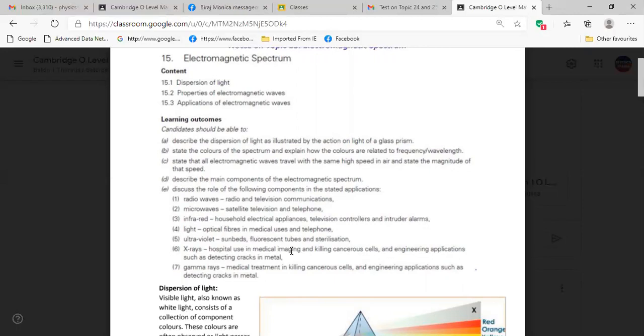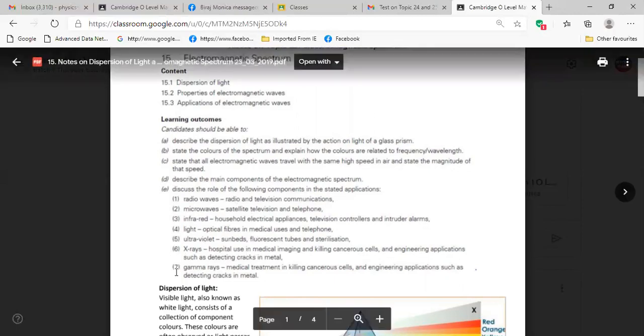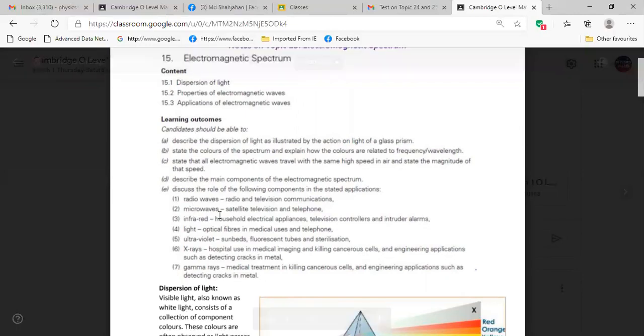Mr. Al Farabi, in the notes, see the learning outcomes mentioned. Can you read? X-rays and gamma rays, both.